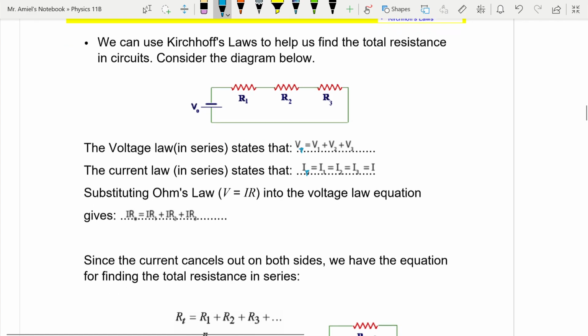So now we can substitute Ohm's law into our voltage law equation. So let's make this clear. We've got our voltage law equation, and we'll use it for this. We've got 3 resistors, so we're going to have 3 different voltage drops here.